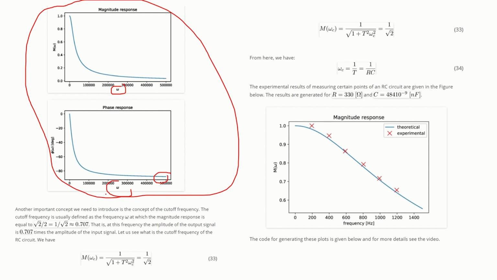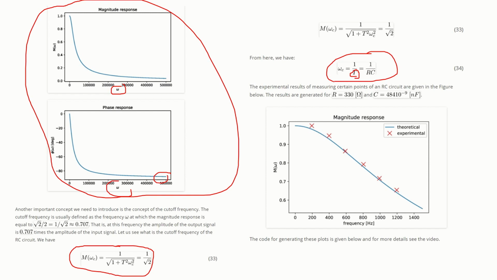Now, let us see what the cutoff frequency of the RC circuit is. By simple calculations, we obtain that the cutoff frequency is determined as 1 over RC, that is, 1 over T, where T is the time constant of the system.